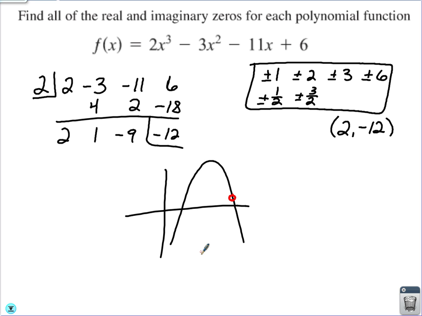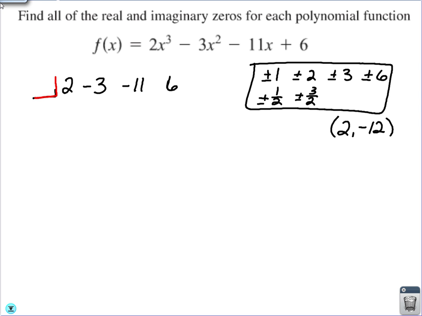You're close to a root. These polynomial functions are smooth functions, meaning that you can draw them without even lifting your finger or your pencil. So if you get something really close to 0, negative 12 is not very close to 0, but if you get something that's really close to 0, then I would try another number that's really close to that number. It kind of gives you an idea of what to try. If 2 was close, I'd probably try 3. Okay.